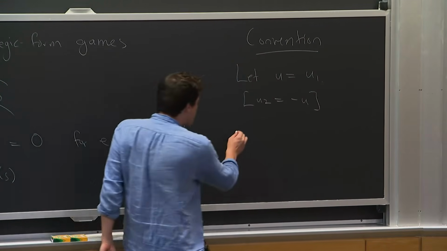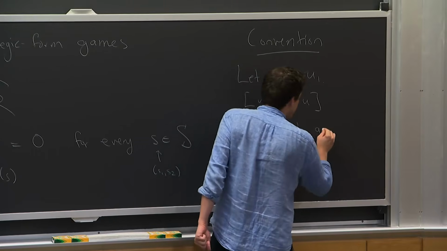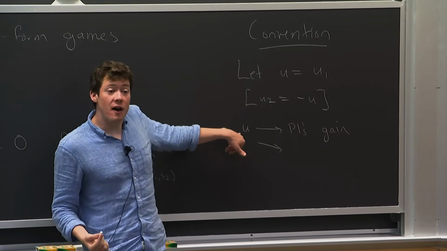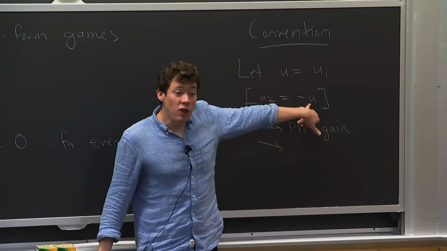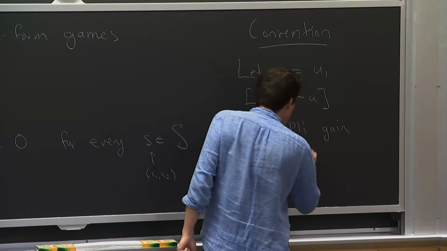And this means that U is going to represent player 1's gain, but it will also represent player 2's loss, because a high value of U means a large negative value for player 2, which is a loss.